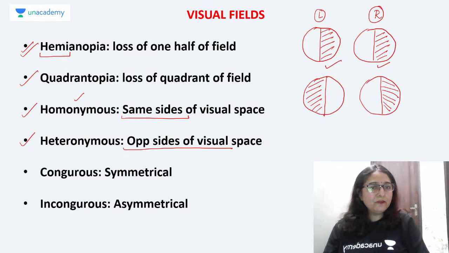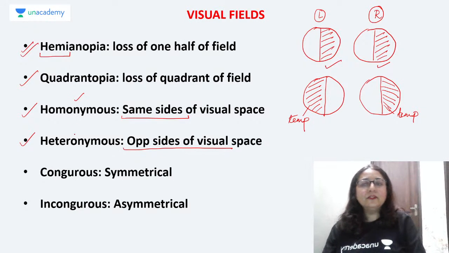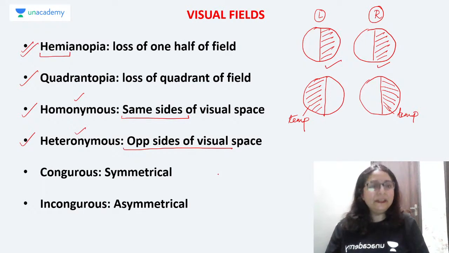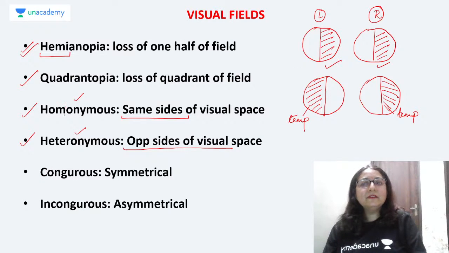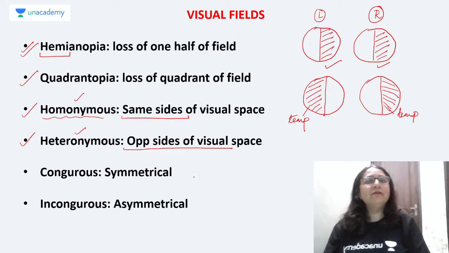This, which is involving the temporal half of both eyes, is actually opposite sides, and this is your heteronymous field defect. Whereas this is on the same side of the visual space, this is your homonymous field defect.